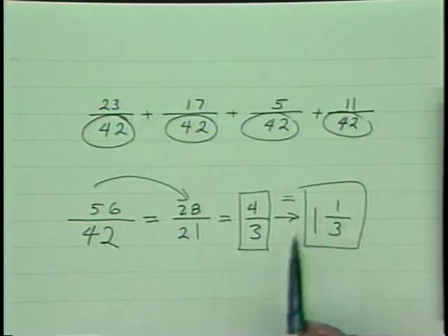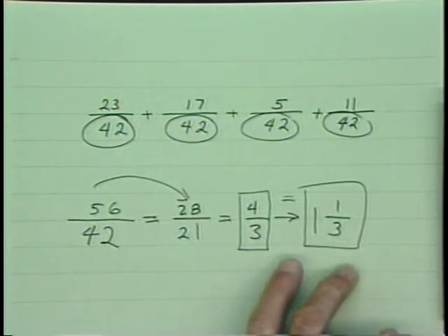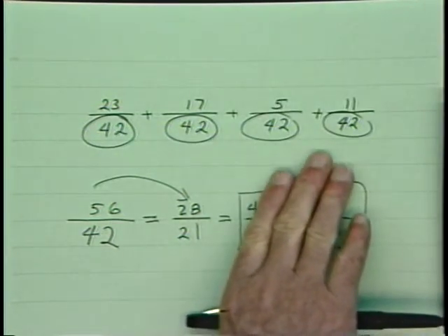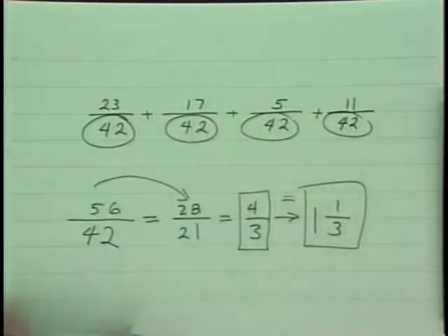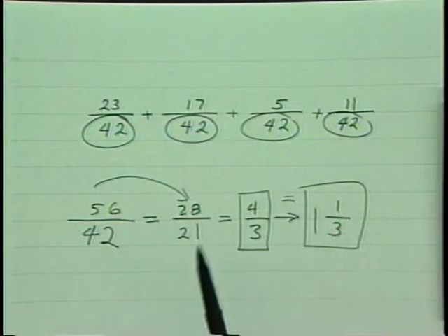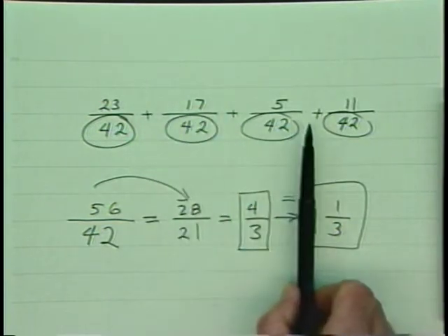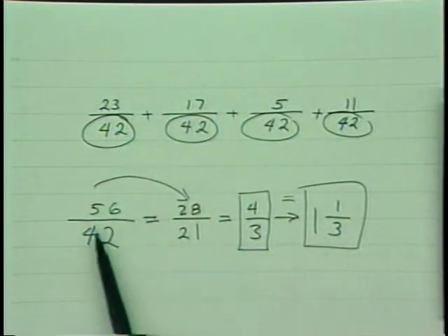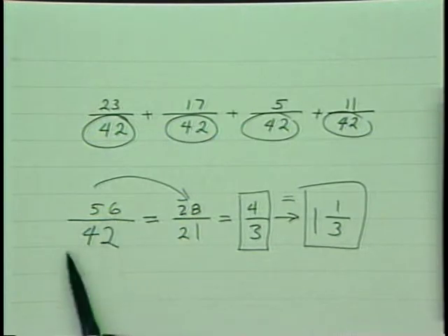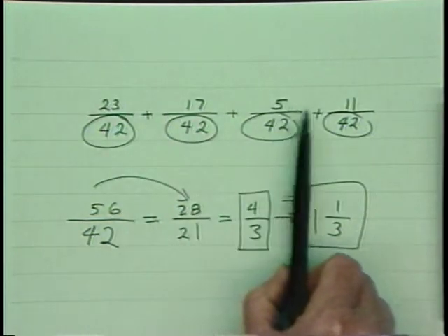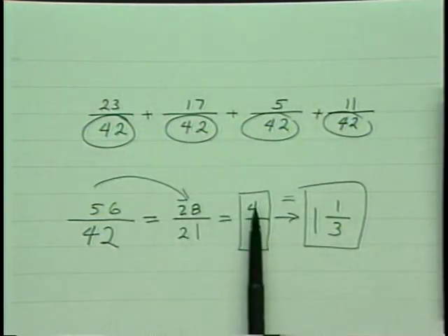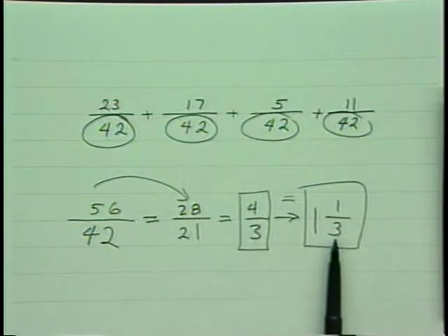It's always a matter of which is preferred for whatever the use that's going to be made of the results of this problem. But the point is, to add fractions, the denominators must be the same. It stays the same. You simply add the tops, reduce, then change to mixed number if that's what's desired.